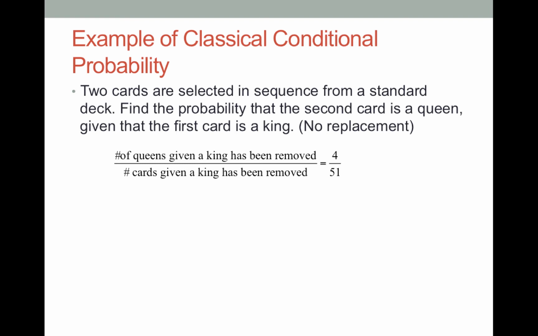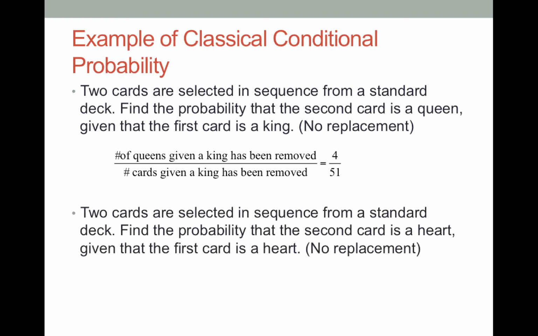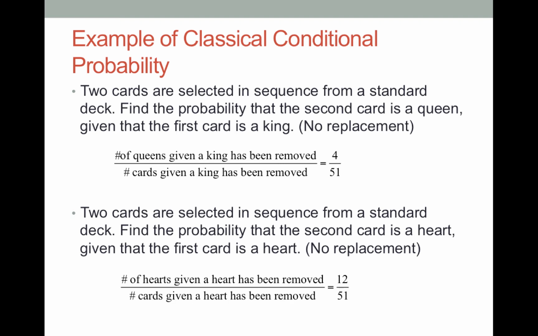Let's consider another example. Two cards are selected in sequence from a standard deck. Find the probability the second card is a heart, given that the first card is a heart. Again, let's think about how this breaks down. That numerator is going to be the number of hearts, given a heart has been removed, divided by the total number of cards, given a heart has been removed.